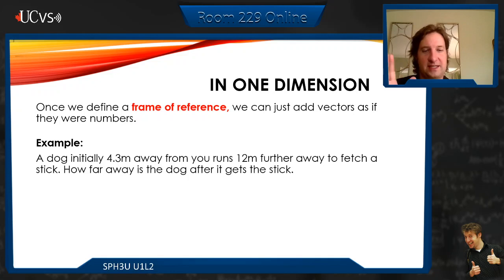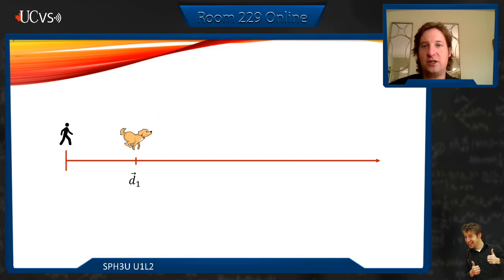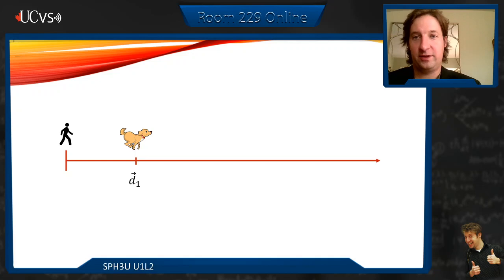I'm doing this as an example of how we can do this with vectors, and I wanted to start with a very simple problem to help us visualize this, because we can see that, right? It's 4.3 meters away from us, and then it's farther away, so we're just going to add the numbers. So the dog starts off 4.3 meters away from us. This arrow that I've put on the ground here represents our frame of reference.